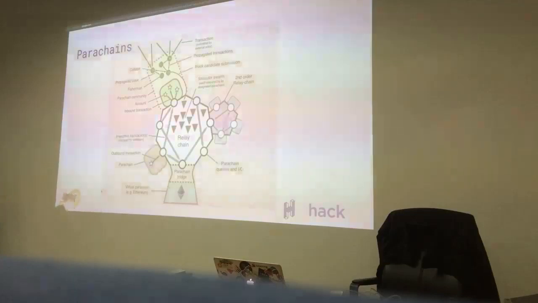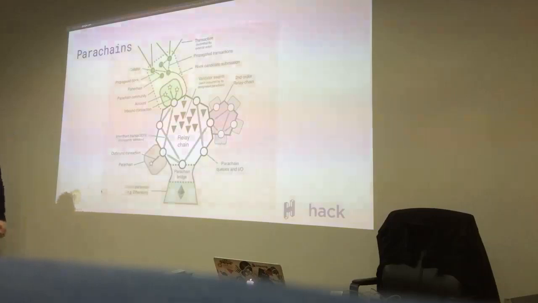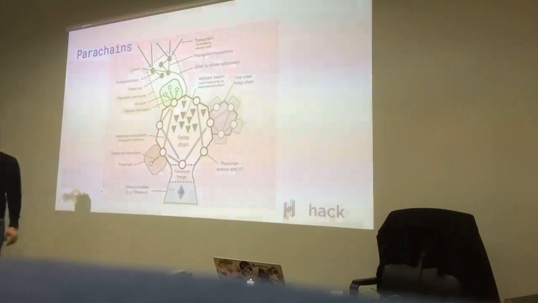The collators here, as I said, are kind of full nodes, and our validators are basically kind of light nodes. They don't store any data for our blockchain, so they only rely on whatever the collators provide as data for validation.